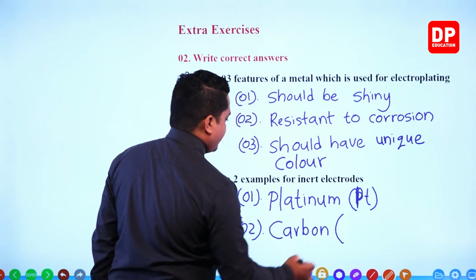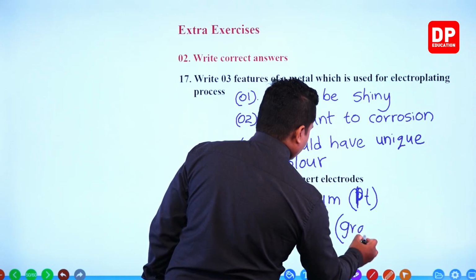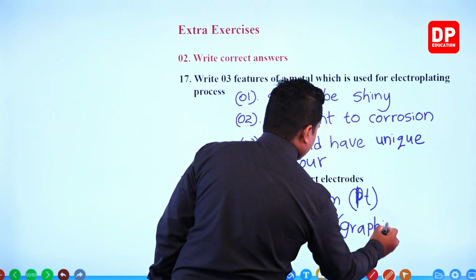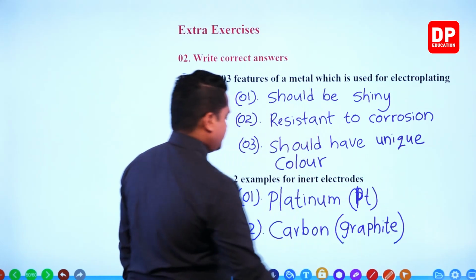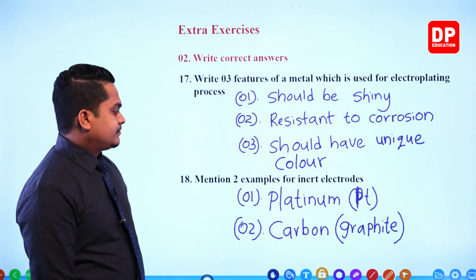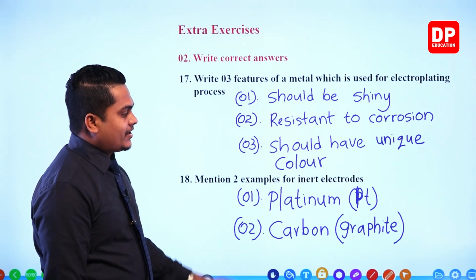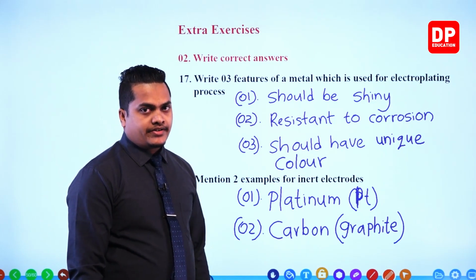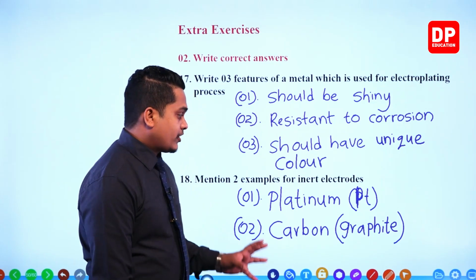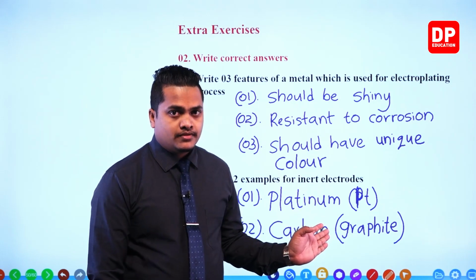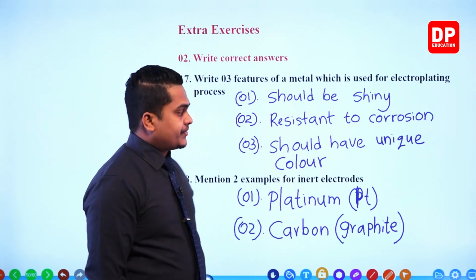Carbon means actually graphite. Right? Platinum, and the other one is carbon or graphite. So these are inert electrodes. That means these things are not going to react with the solution, okay, the electrolyte.